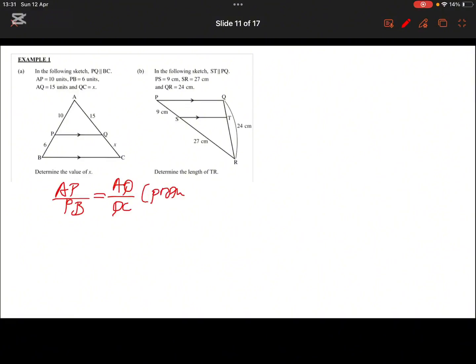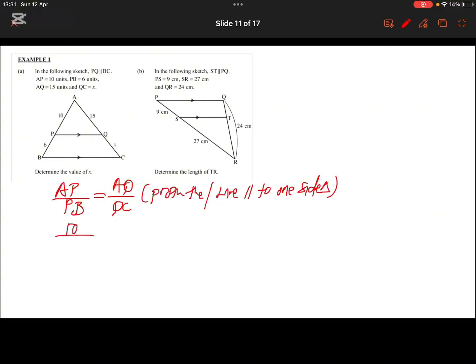And then you can say: proportionality theorem, or line parallel to one side of triangle.